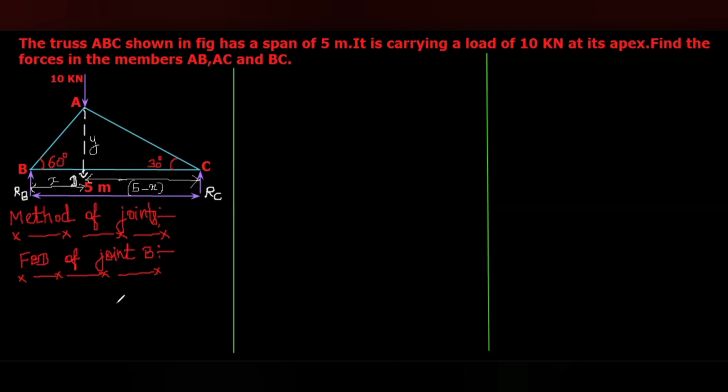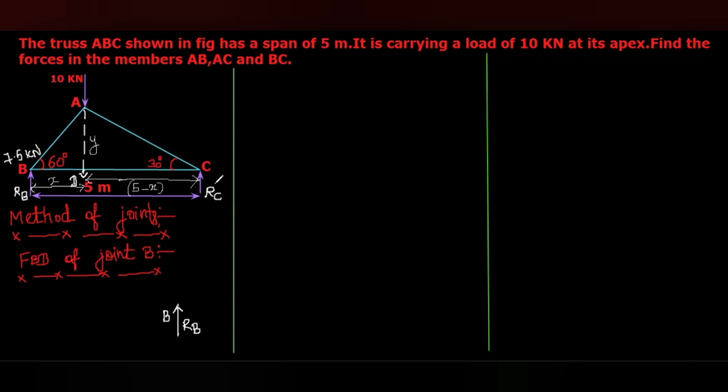So that unknown direction, that also we are going to calculate. So first for point B, consider what are all the forces acting at the point B. That is the free body diagram. Here first we know the reaction force RB, the value we calculated, the value of RB, that is 7.5 kilonewton.